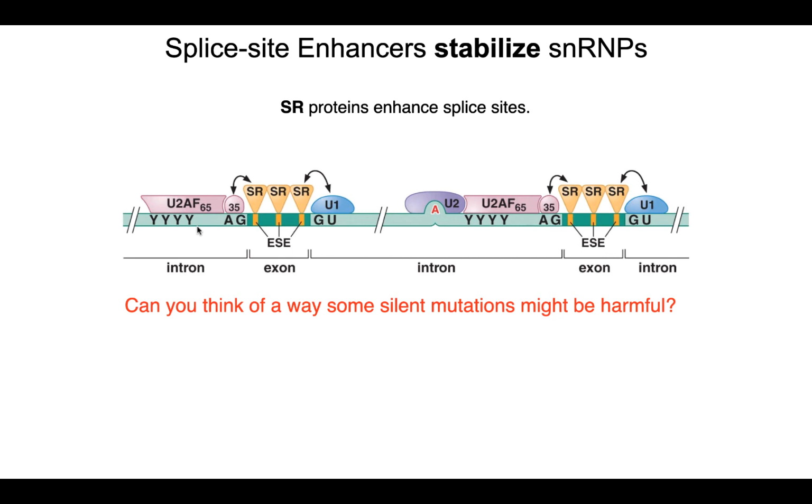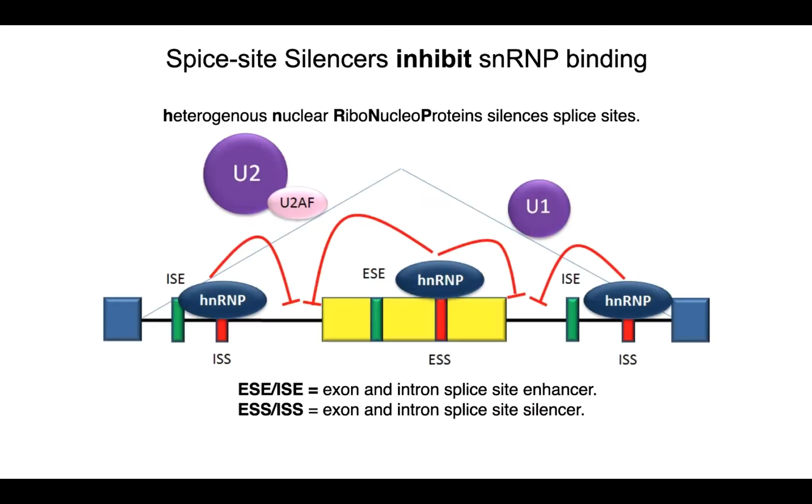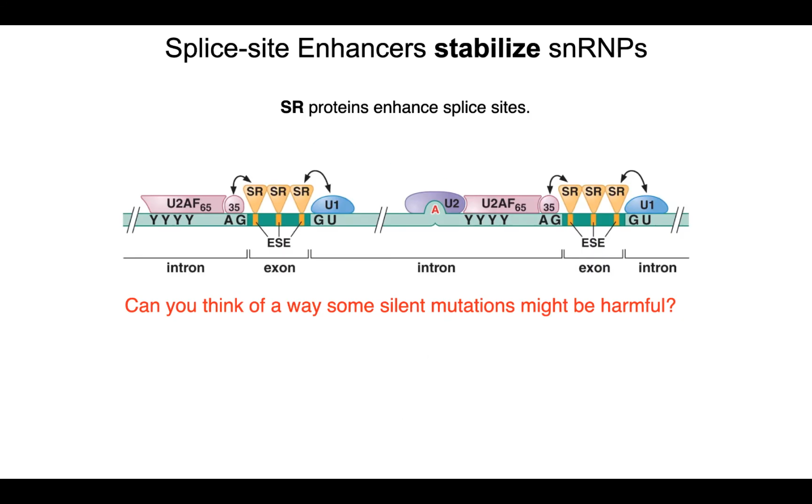within the messenger RNA. Now notice, and this is important, that these exon splice site enhancers and these exon splice site silencers are, as the name suggests, located within exons, potentially in protein coding regions of that messenger RNA.